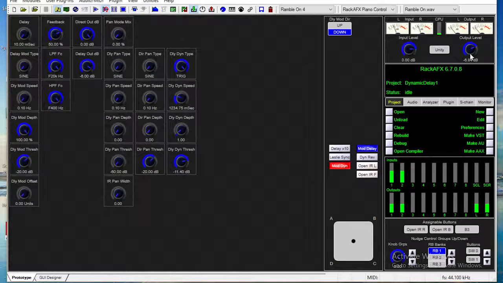So here's that. There's that. It's not the best sounding example, but you get the idea of what that can be used for.